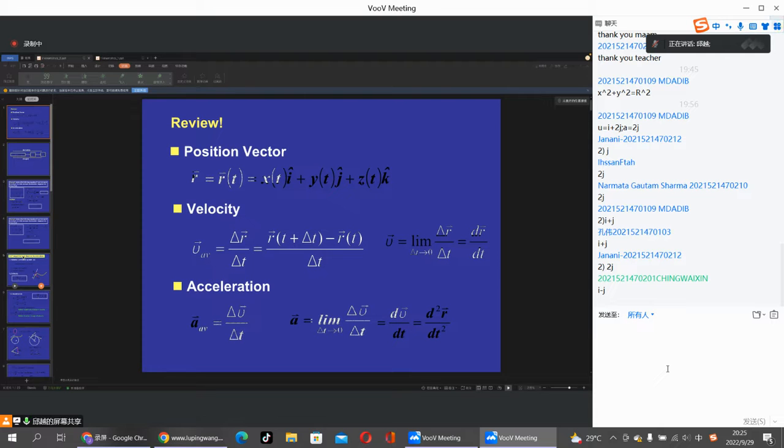Okay, first take a brief review of the position vector, the velocity, and the calculation of acceleration.